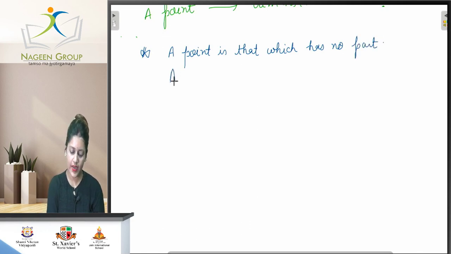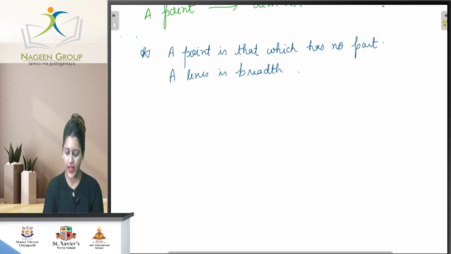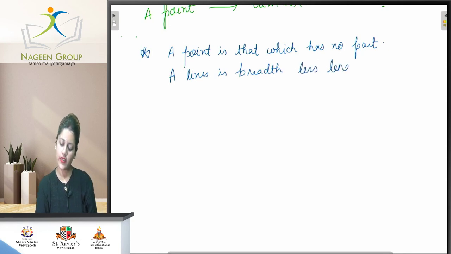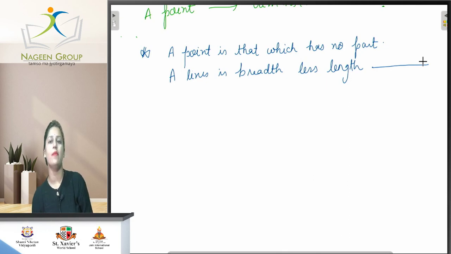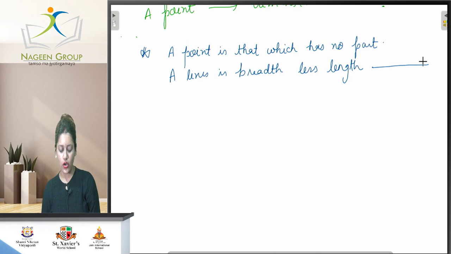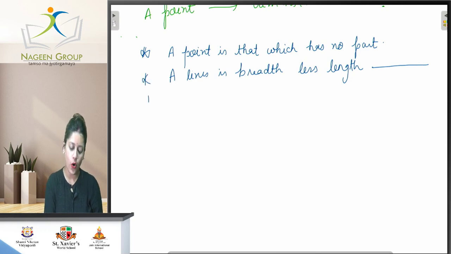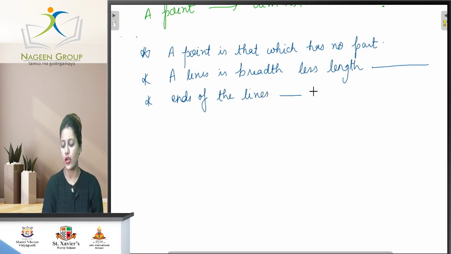Second, a line is breadthless length. A line has no breadth, that's why it has only one dimension, that is only length. If it has breadth, then it has a two-dimensional form. After that, the ends of a line are called points.